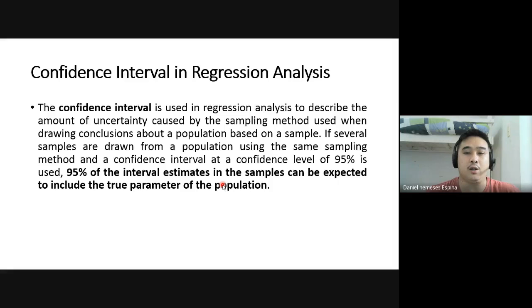So if you have a tolerable error of 2%, then the result of your study has a confidence interval of 98%, which means 98% of the time you are correct, or it really reflects the population. Okay.